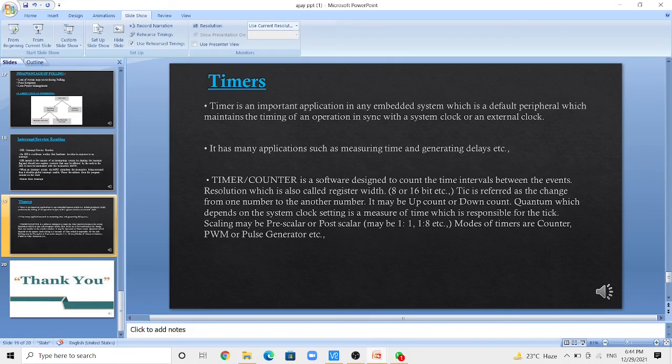We have scaling techniques: scalar, pre-scalar and post-scalar, with ratios such as 1:1, 1:8 pre-scalar. Most timers and counters are available as PWM or pulse generators, etc.